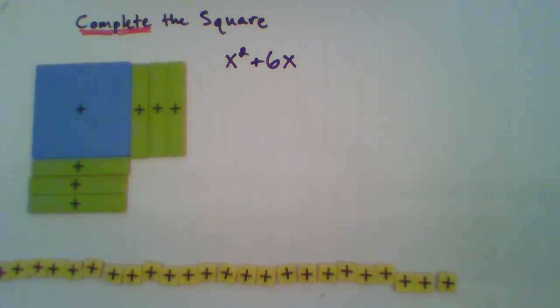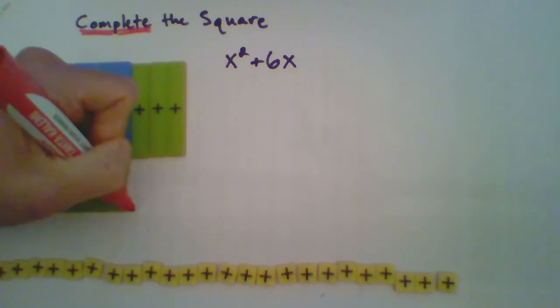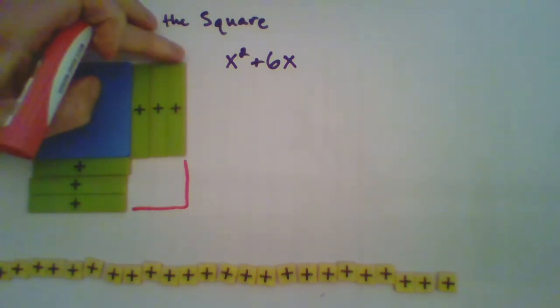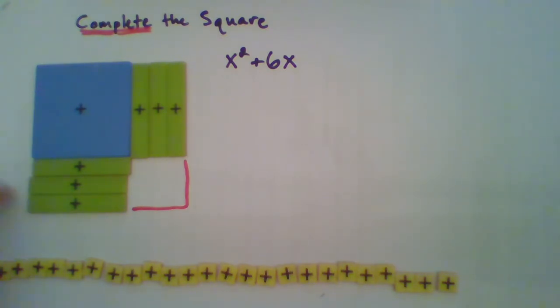Now, I'll remind you we're trying to complete the square. So can you visualize how this square could be completed? What do we need to add here to complete the square? Hopefully you've identified this area here as the part of the square that needs completing.